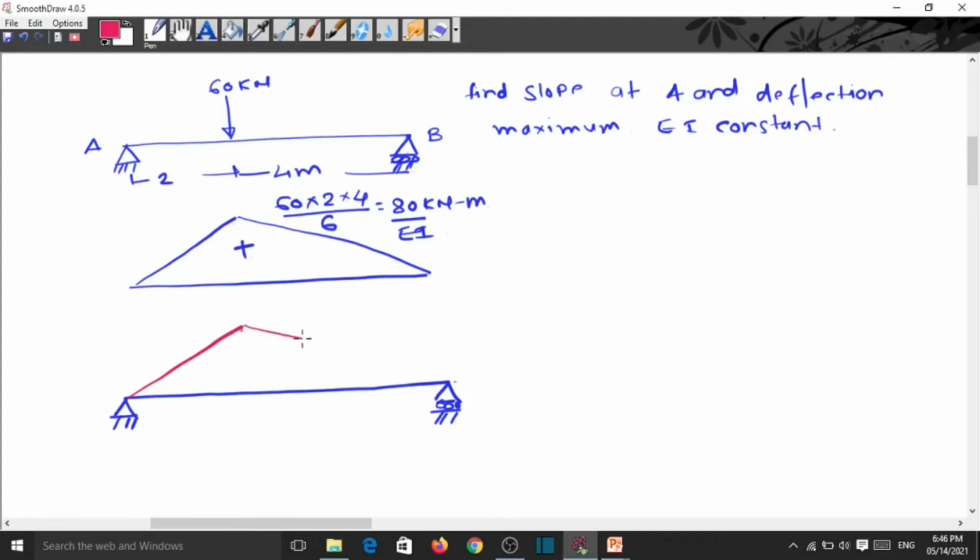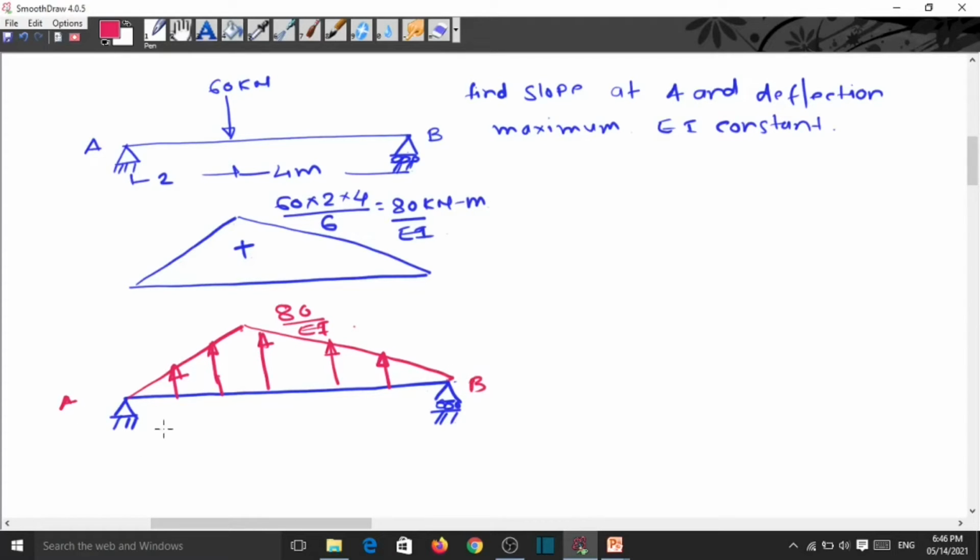Now we are seeing in the sign conventions, if the bending moment is the positive, so this loading is the upward. And this is the 80 by EI.